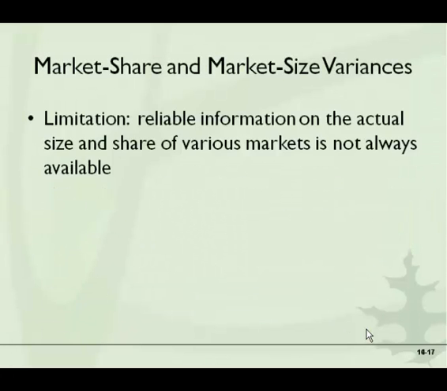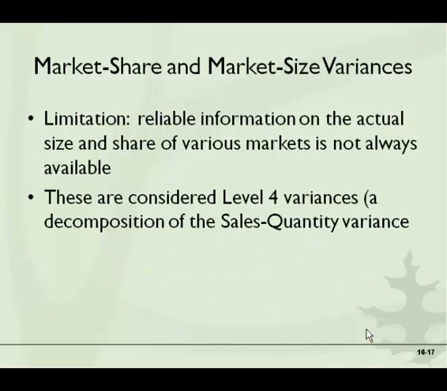All right. Well, overall, let's make some statements about market share and market size variances. There's a limitation. Reliable information on the actual size and share of various markets isn't always available. But keep in mind, these are considered a level 4 variance. So it's essentially a decomposition of the sales quantity variance.